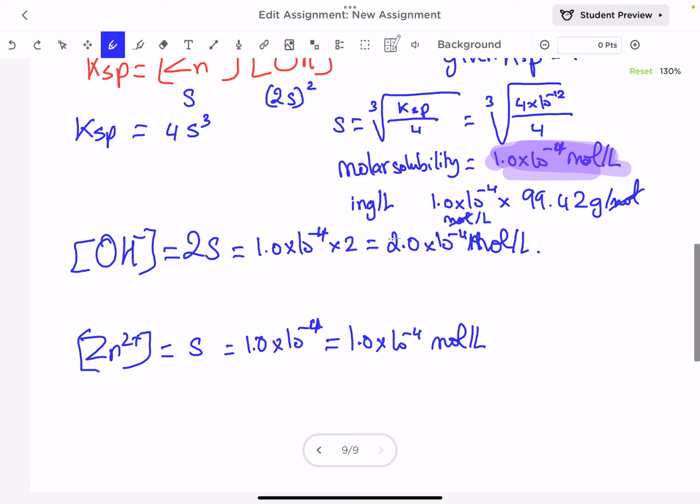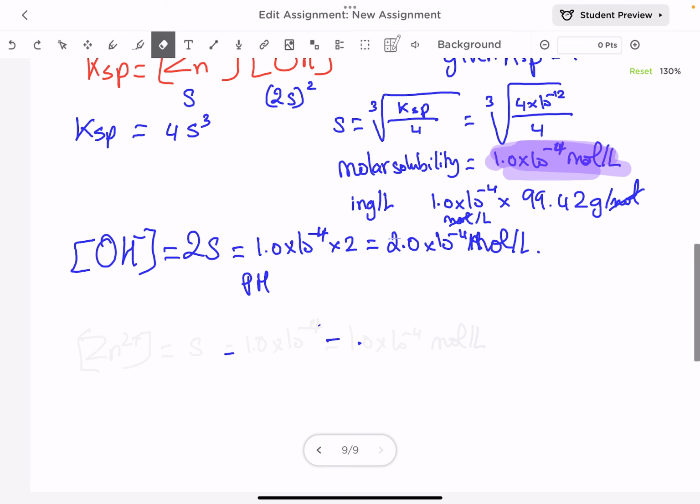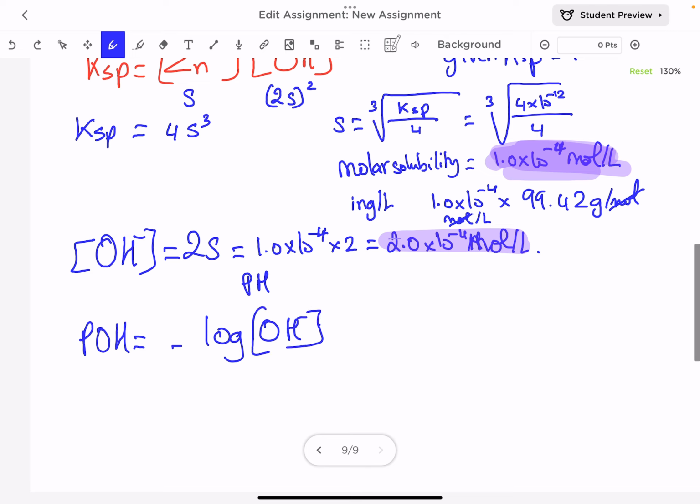Now, sometimes they might go further in the question, and since you have OH minus here, they might ask you to calculate the pH of this insoluble salt. So in this case, this is the calculated OH minus. pOH is known as minus log of OH minus.